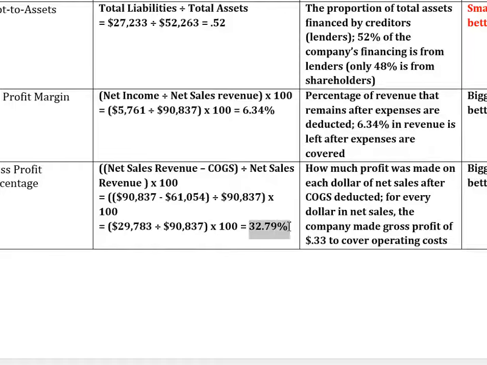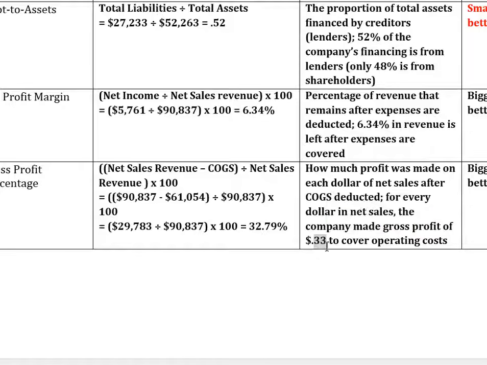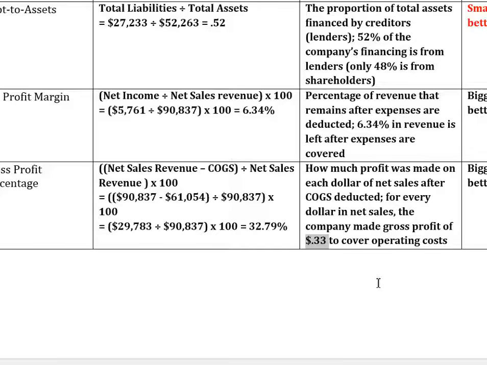We get a number of 32.79. It means that for every dollar in net sales, the company made gross profit of approximately 32.79 cents, or rounded upward to the nearest cent, 33 cents of every dollar in net sales was left to cover the operating costs.